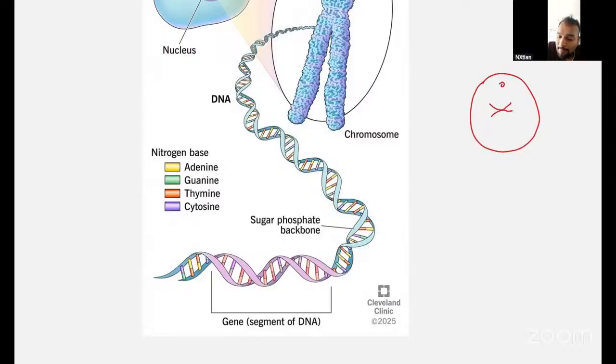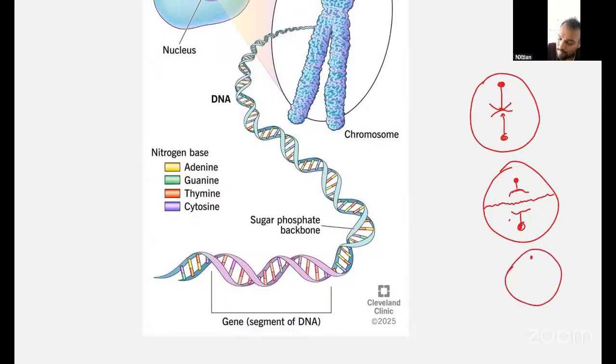Now what will happen? This centriole will attach to this centromere, and this centriole will attach to that centromere. The next step is going to look like this, and this cell will divide like this. Is this mitosis or meiosis?